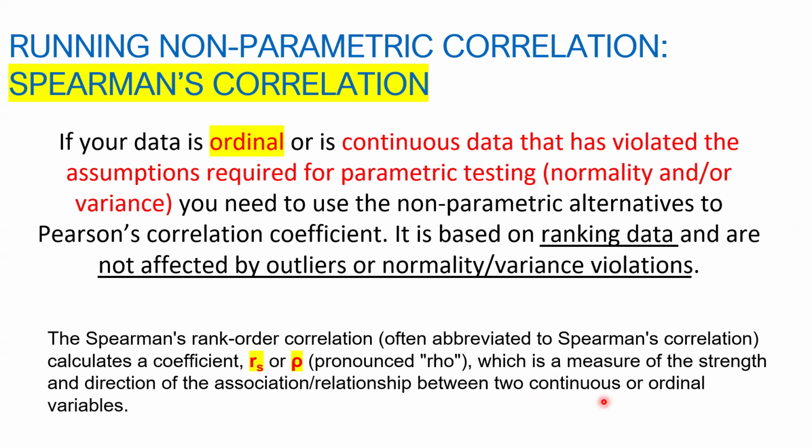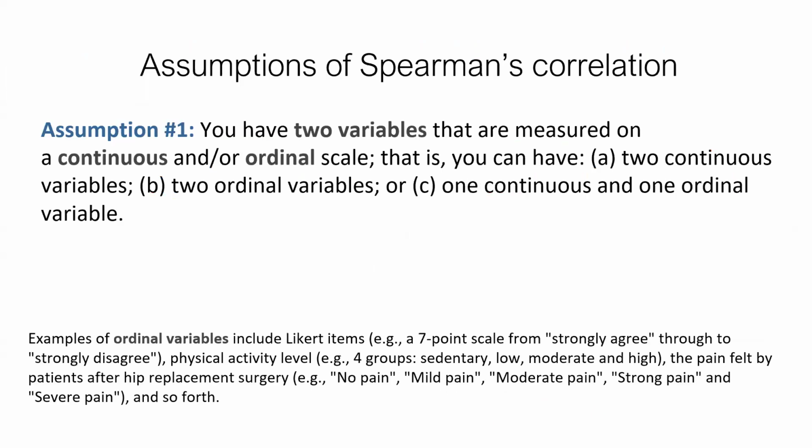Now what are the assumptions that we have to keep in mind for the use of Spearman's correlation? The first one, you have two variables that are measured on a continuous and or ordinal scale. So if at least one of the two variables is in the ordinal level, automatic, you use the Spearman's correlation.